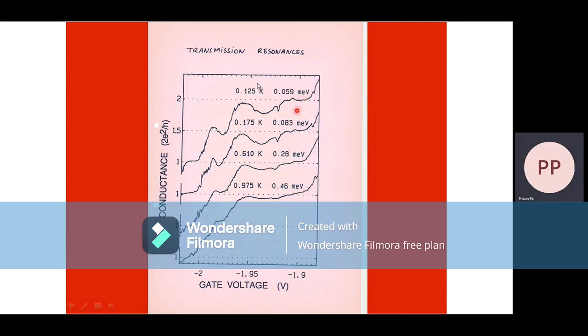There are many resonances, there are suppressions of the conductance, there are enhancements of the conductance, and the traces look rather disheveled and disordered, right? So there are transmission resonances in the spectra, and conductance quantization as well is obscured by these resonances.